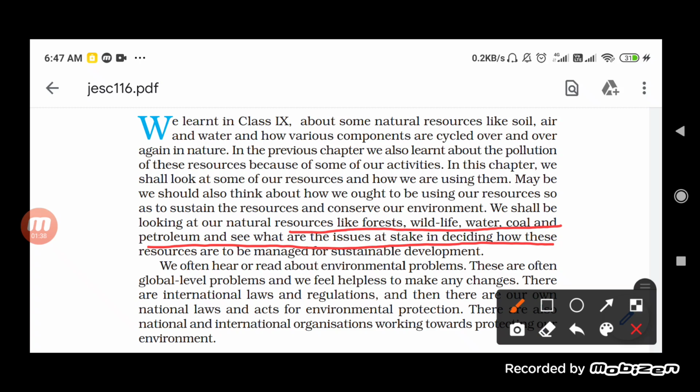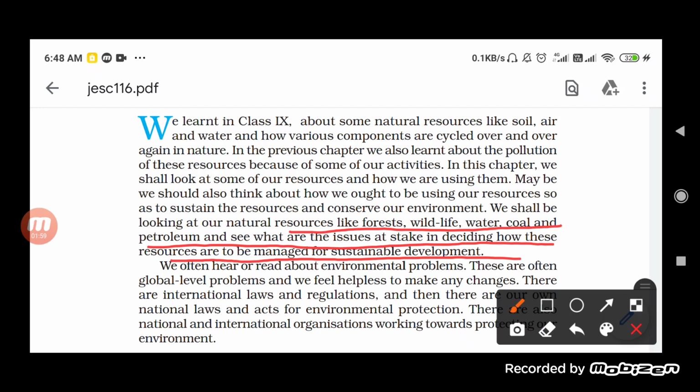the issues at stake in deciding how these resources are to be managed for sustainable development. What is sustainable development, students? The development which meets the current basic human needs and also preserves the resources for the needs of future generations.